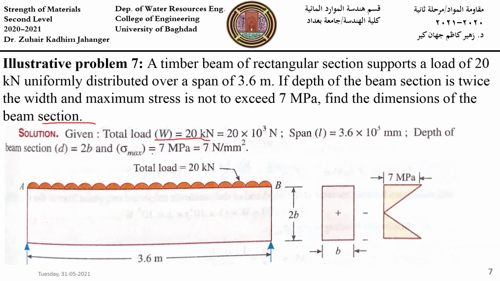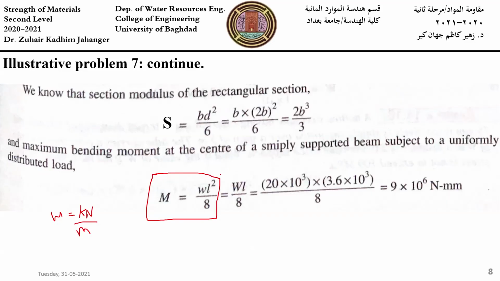So if the total W is 20, then the moment is 20 times L over 2. This is L over 2. So the moment will be 20 L, or W, if the total W is here, WL over 2 as written here. Okay, so the maximum bending moment is 9 mega Newton meter.